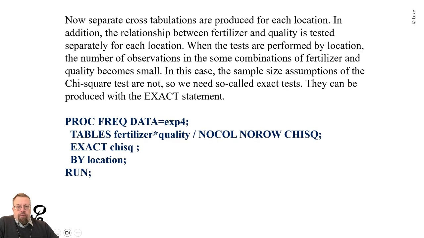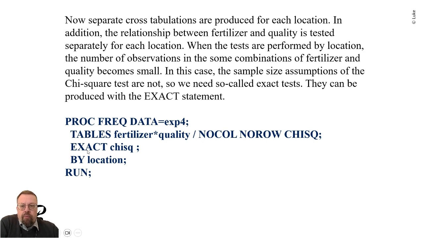And now in the proc freq, we are saying that we again want the fertilizer and quality cross tabulations, but we want them by location. And now there are not as many observations in each group as there were earlier, when we put those groups together.